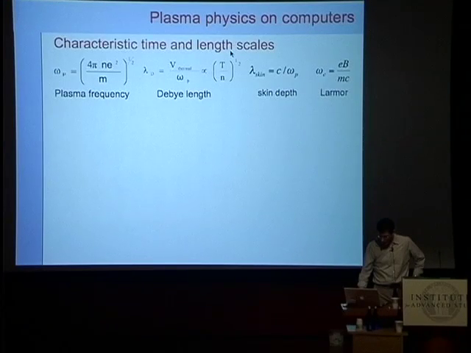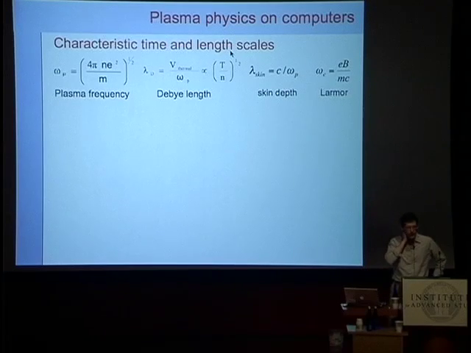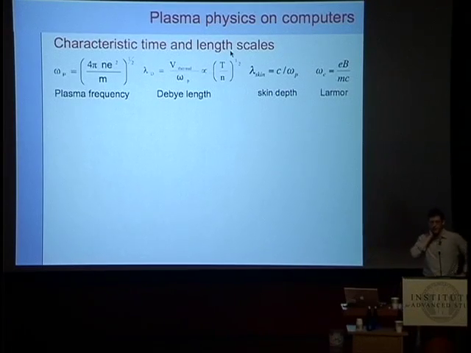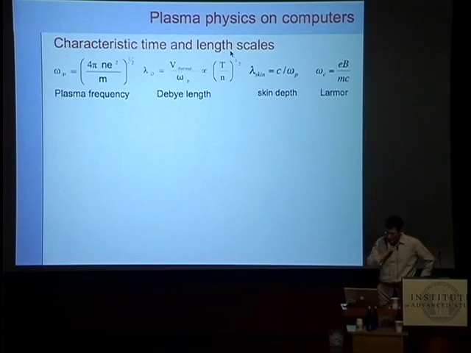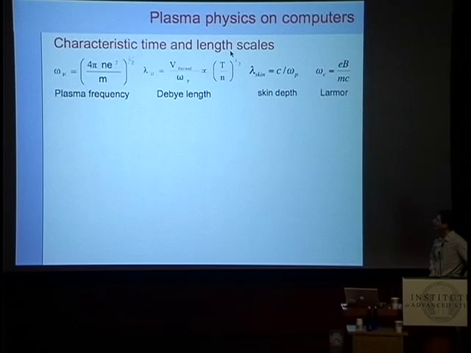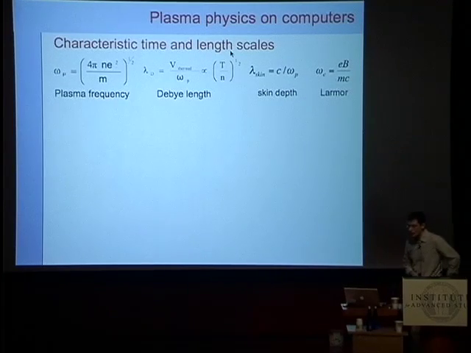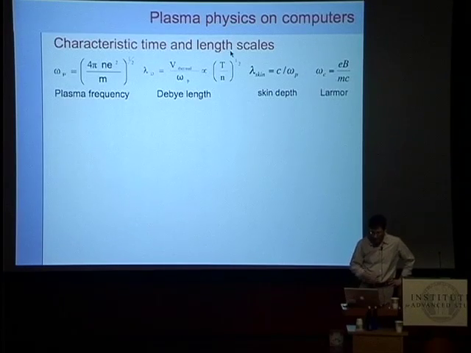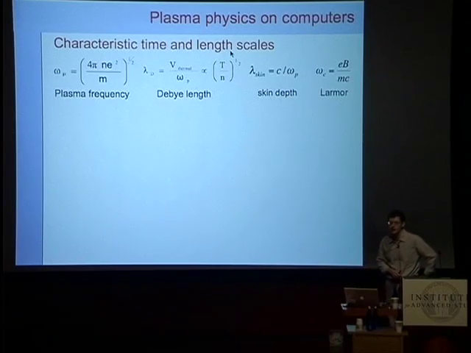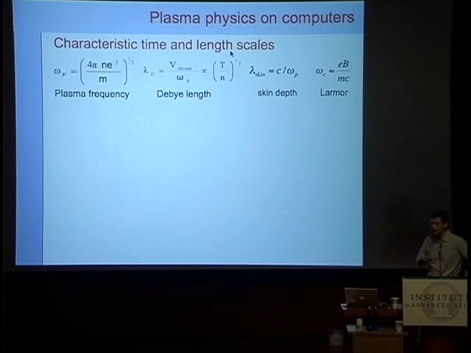Okay, so when we talk about plasmas, we want to define what times and spatial scales we're dealing with. So there are several important scales. One of them is called the plasma frequency, which essentially is the fastest frequency a plasma can respond to if you try to perturb a plasma.